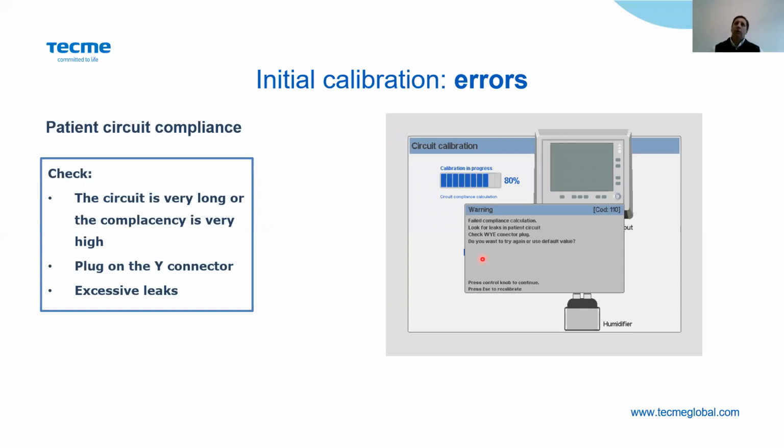In order to avoid this error, you have to verify the whole patient circuit, remove the leakage and try again. Also, this kind of warning can appear if we are doing the initial calibration with the test lung connected. So always remember not to use the test lung during the initial calibration.